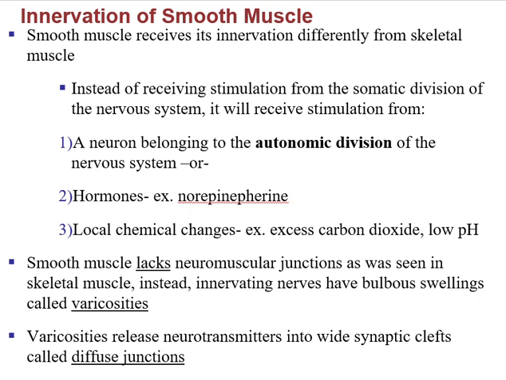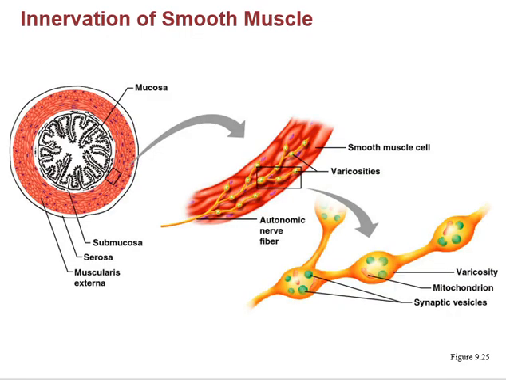Instead, we see innervating connections that have bulbous swellings, and these are called varicosities. The varicosities release neurotransmitters like the axon terminals of somatic motor neurons with skeletal muscle, but they release them into really wide spaces, which are synaptic clefts, but they're so wide we actually call them diffuse junctions.